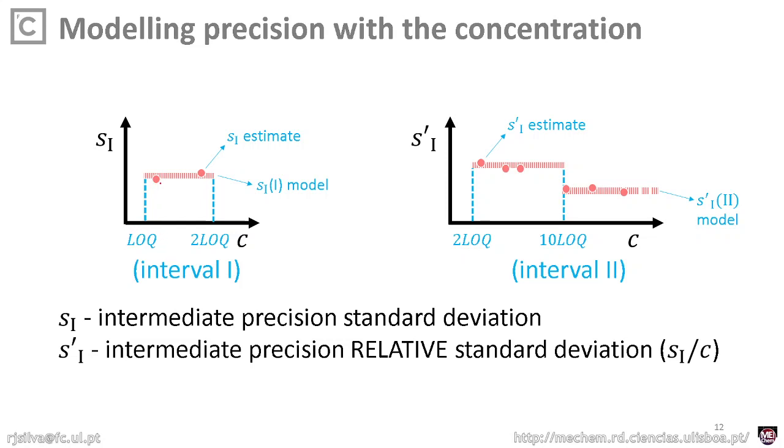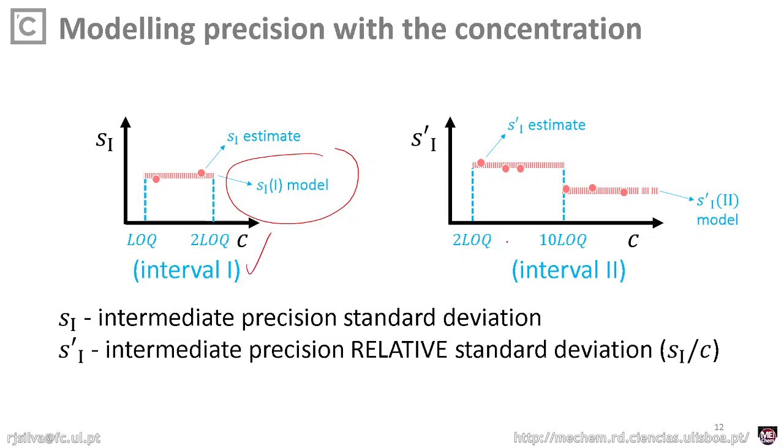So if you have samples being analyzed in different days in this interval, you can pool them and get an estimate of the intermediate precision standard deviation in this interval that we call interval 1.